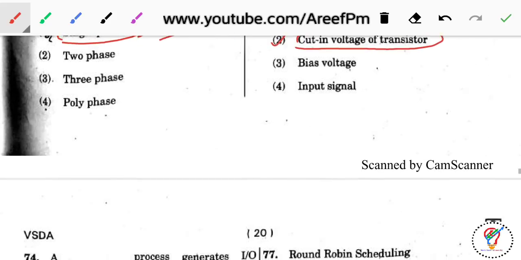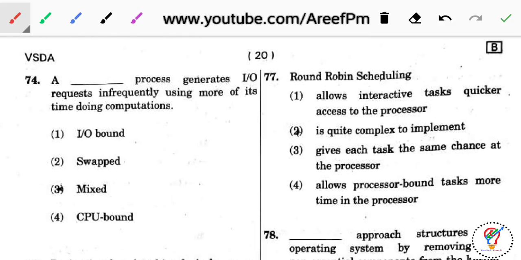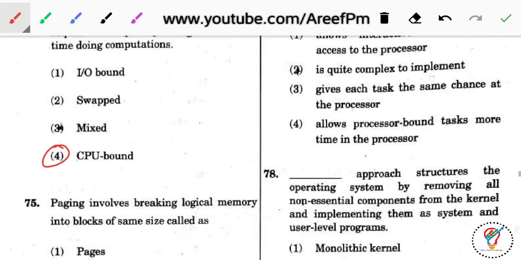Let's see the next question, 74th question here. A process that generates input or output requests infrequently, using more of its time doing computations, is CPU bound. Now 75th one.